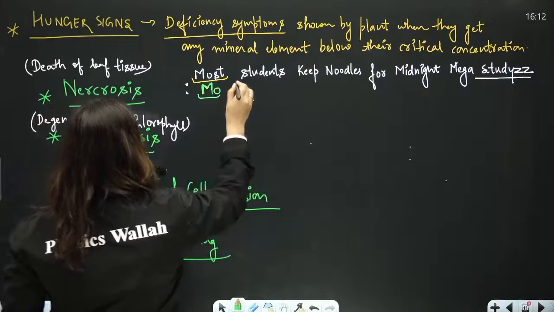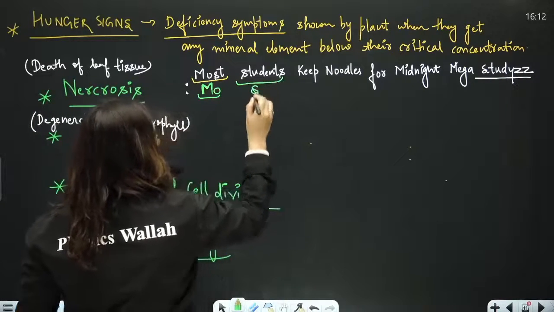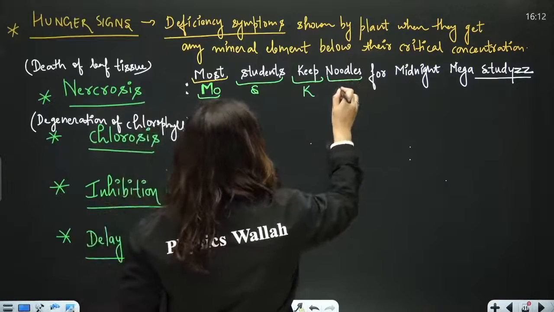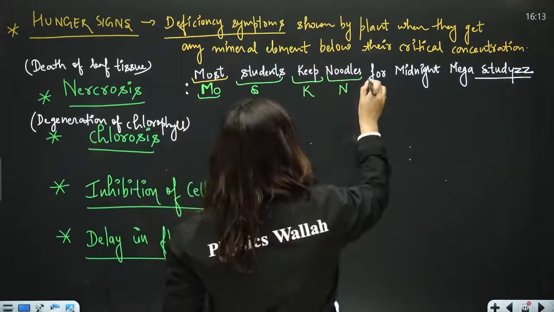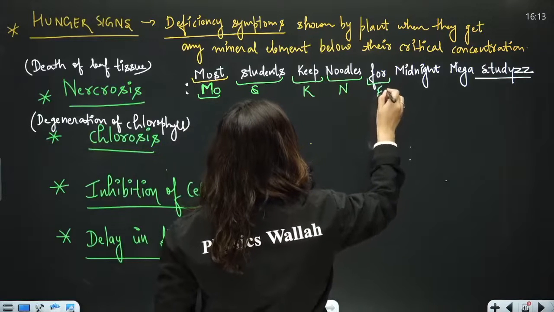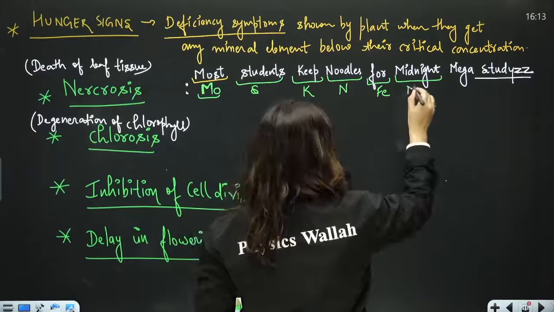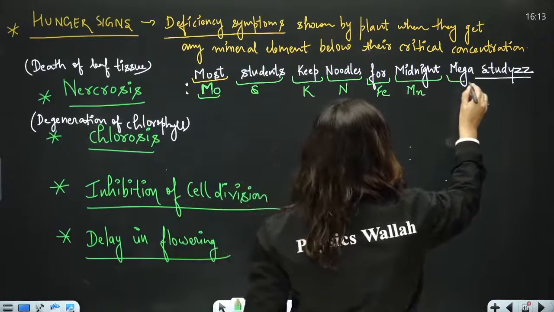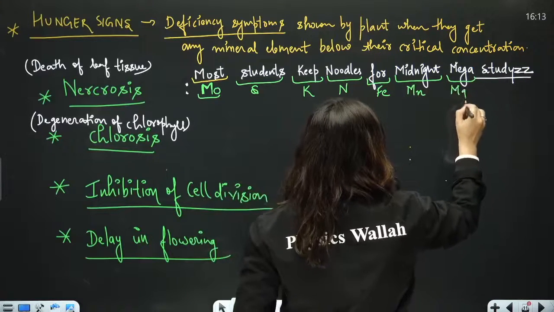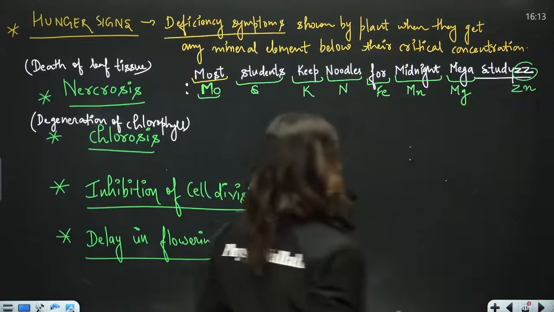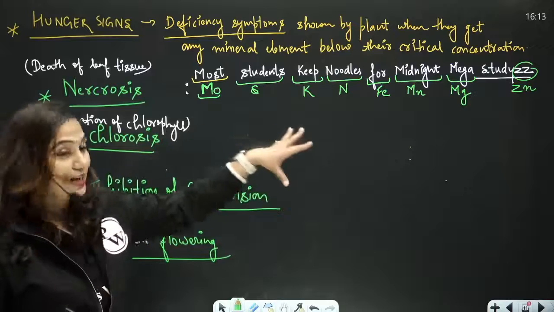Most students: sulfur, keep: potassium, noodles: nitrogen, for: iron, midnight: manganese, mega: magnesium, and studies: zinc. Okay, so these all are the elements.